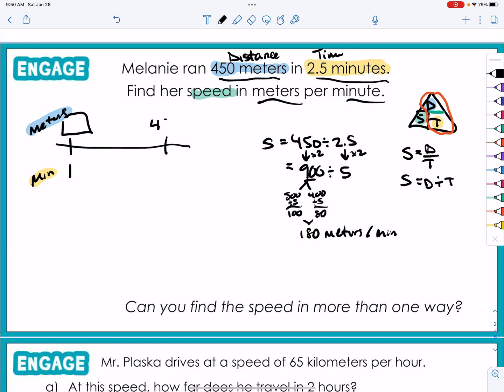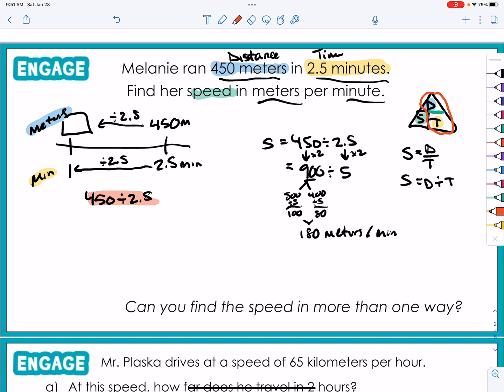And we know 450 meters in 2.5 minutes. So to figure out how 2.5 becomes 1, we divide that by 2.5, and we would need to do that same division here. So to solve that out, using our rate line, 450 divided by 2.5. And as you notice, the math we do here based on our rate line is the math that matches the formula we got from that triangle.